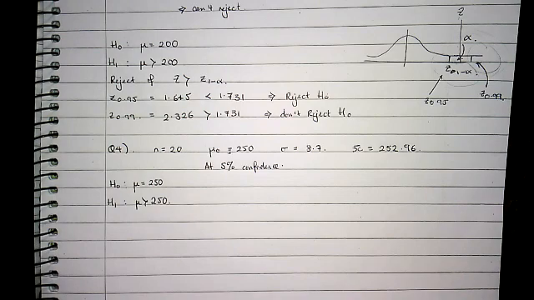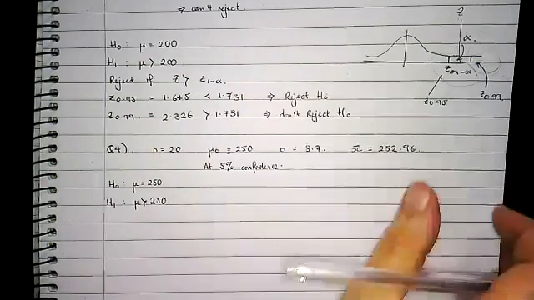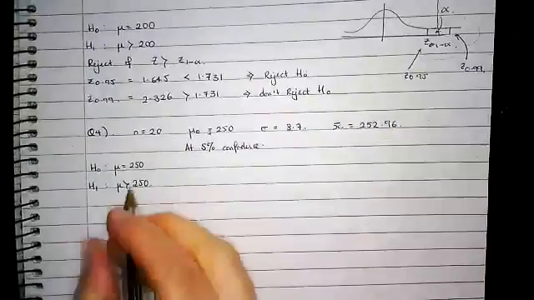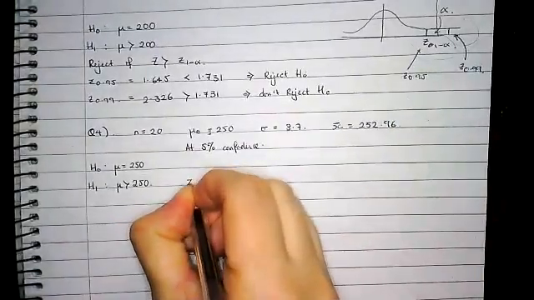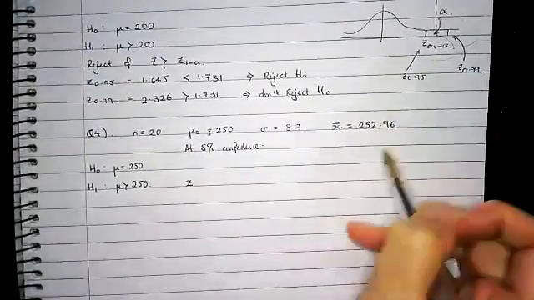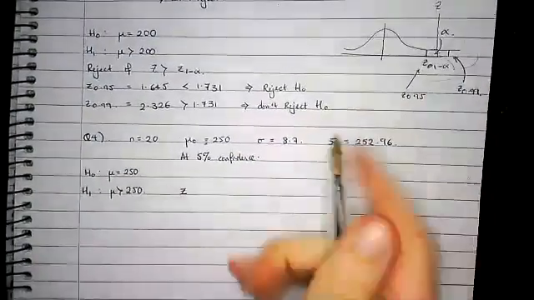Okay, so let's come back to talking about this. We need to use the same test statistic as before. So we're going to need to normalise the sample mean that we've observed.